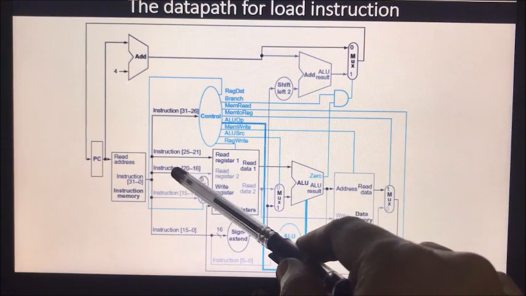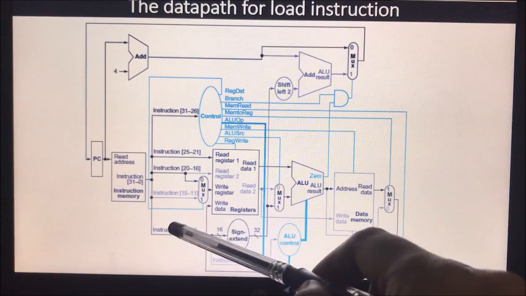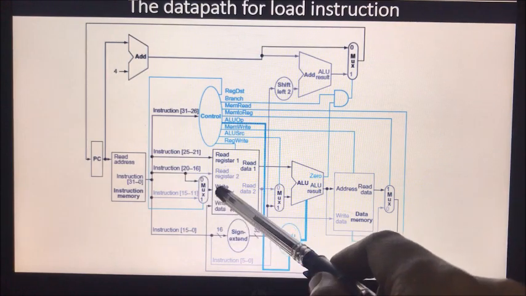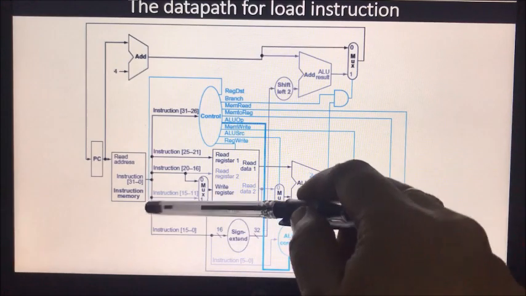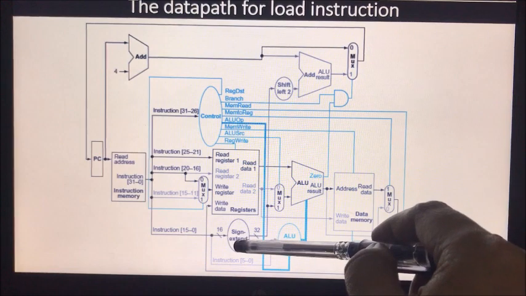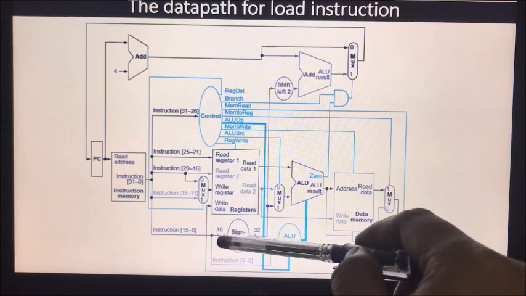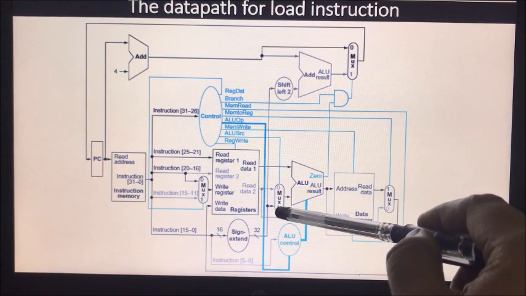So bits 16 to 20 will be given to the input of the multiplexer instead of to read register 2. Here we are going to select the write register, into which we are going to store the value. The 16-bit offset value will be given to the sign extension, where 16 bits will be sign extended to 32 bits, and these 32 bits will be the input of the multiplexer.